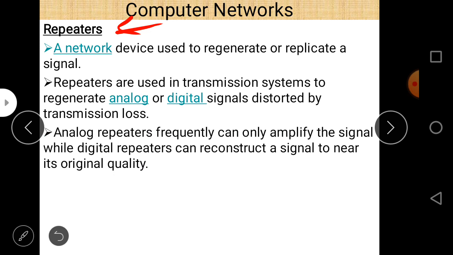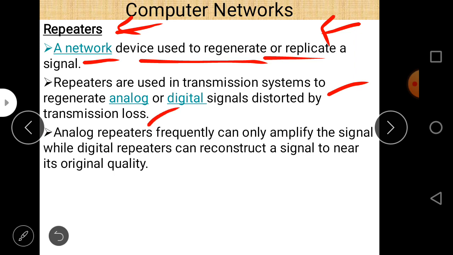It is a network device used to regenerate or replicate a signal, or strengthen a signal. Repeaters are used in transmission systems to regenerate analog or digital signals, both types of signal. Whether it is analog or digital, both can be regenerated using repeaters.